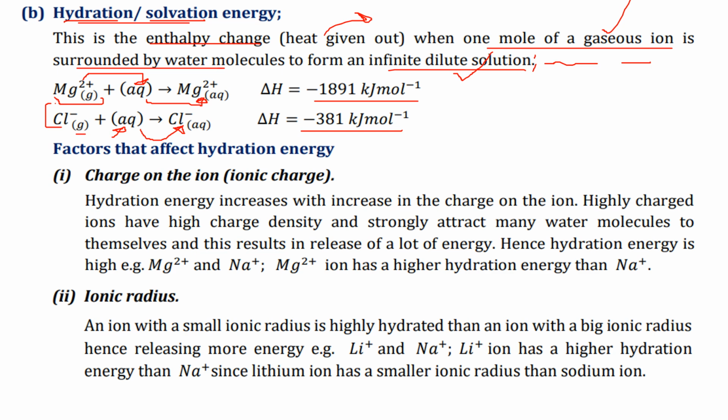For example, in your papers, in part B you may be required to draw an energy level diagram or a Born-Haber cycle, and then in part C we shall give you the enthalpy of solution. But then you are required to turn the negative sign on your lattice energy into a positive when you are dealing with part C, because part C deals with enthalpy of solution.